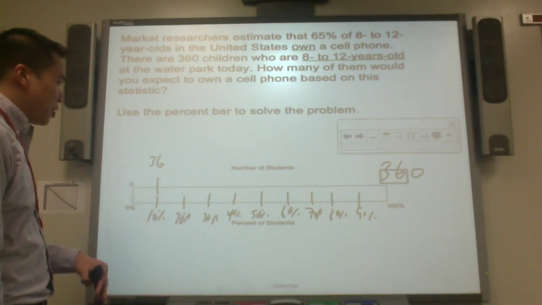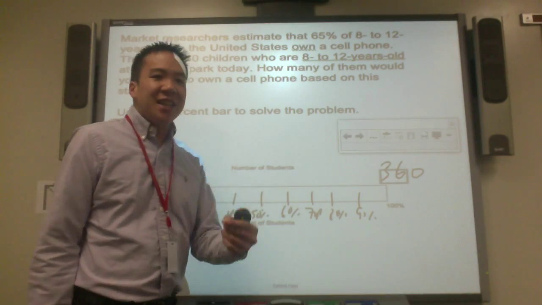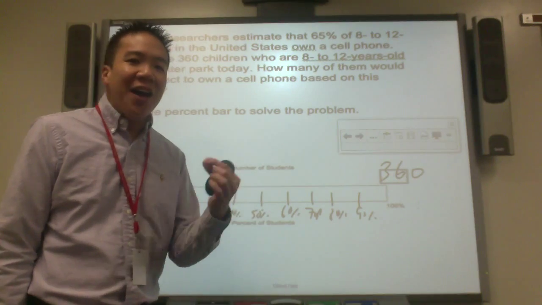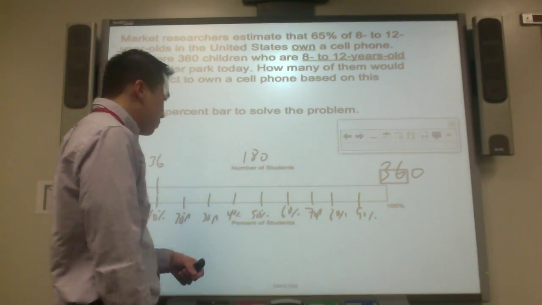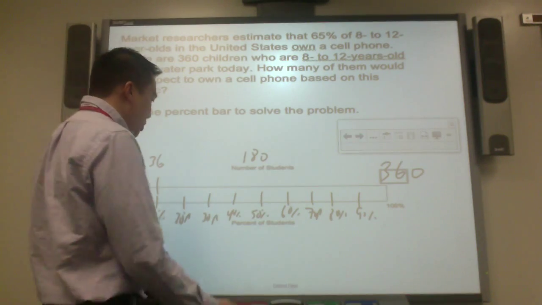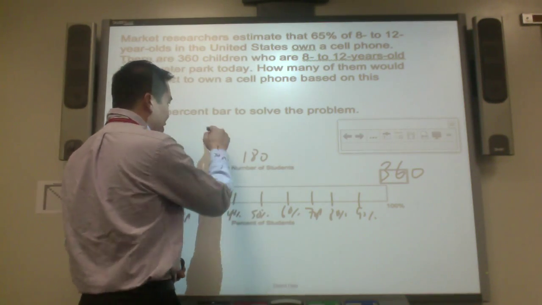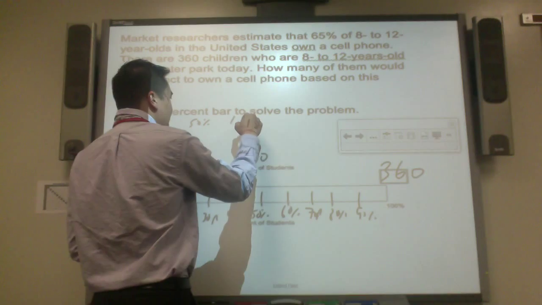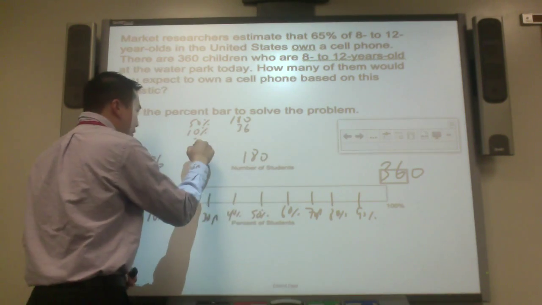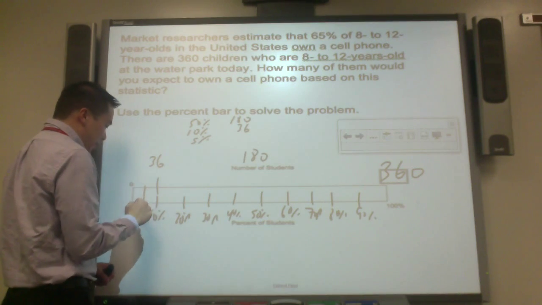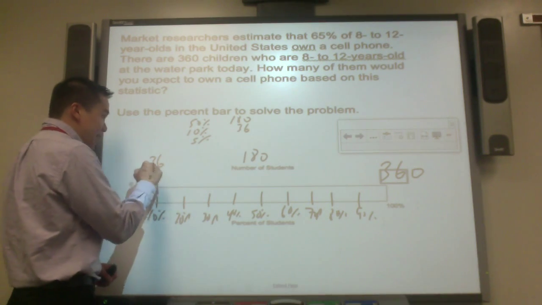So we know 10%. 50% is another word for half. Half of 360 is 180 kids. Many ways you can do this. We know 50% is 180 kids. 10% is 36 kids. 5%, which is right here, half of 36 is 18 kids.